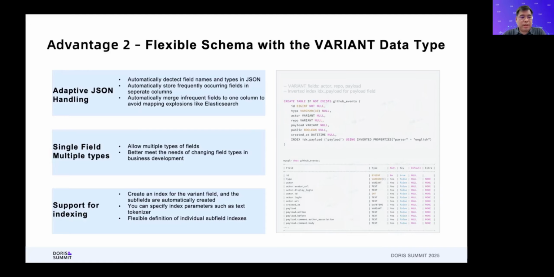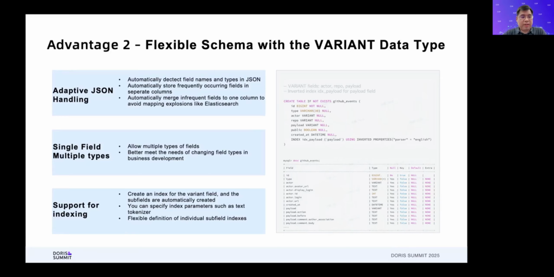The first is adaptive JSON handling. It can detect JSON field names and types and store them as separate columns. But in order to avoid the mapping explosion problem like in Elasticsearch, the infrequent fields will be merged into one.